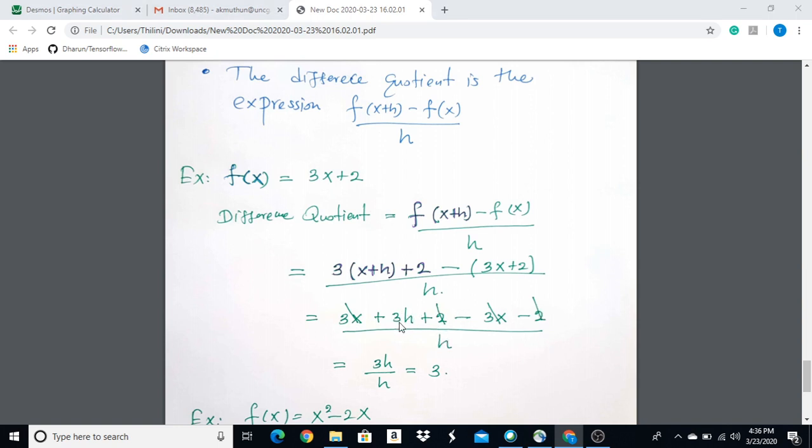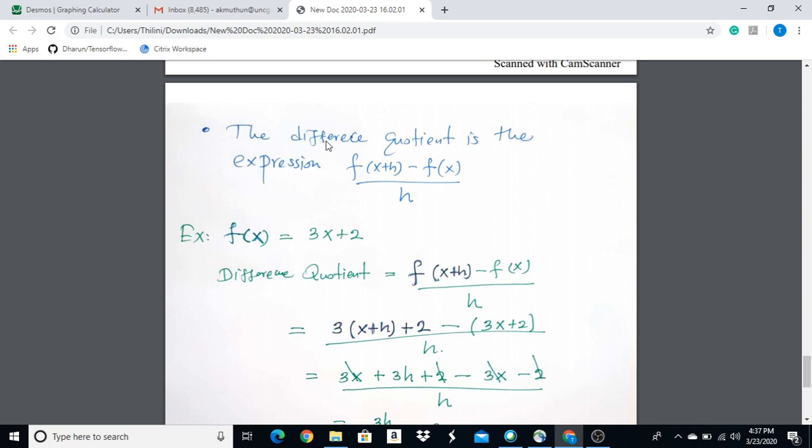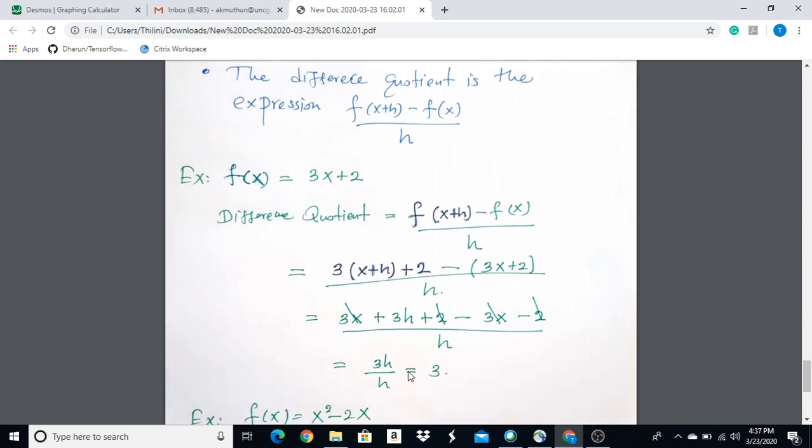We get 3h divided by h. But h divided by h is 1, so this is just 3. So that is the difference quotient value of this function. You can see that since this is a line, that is exactly the slope of this line.